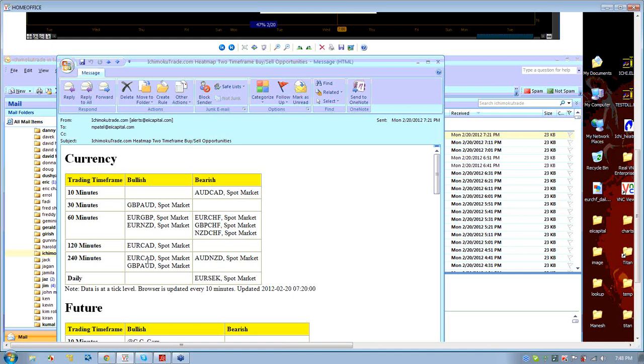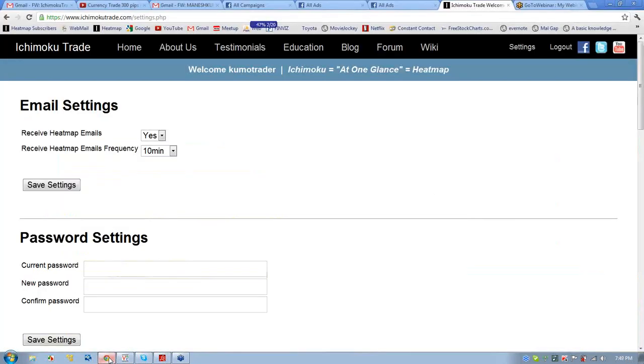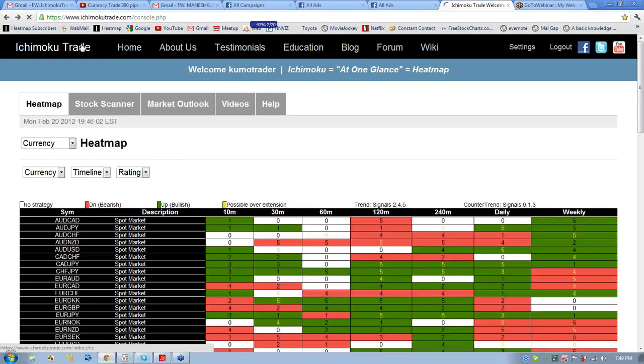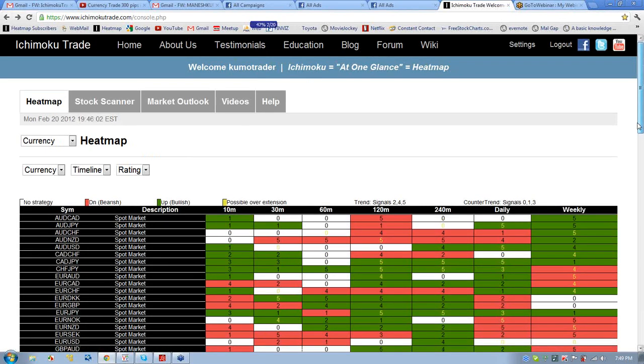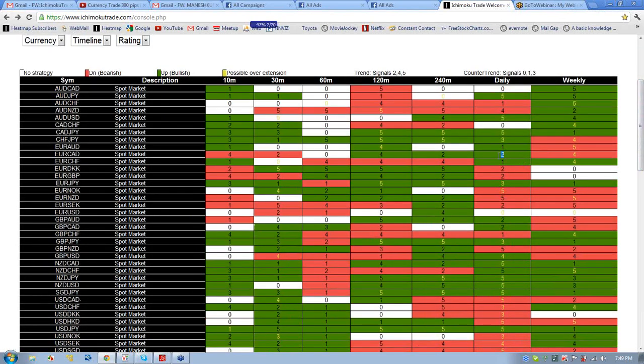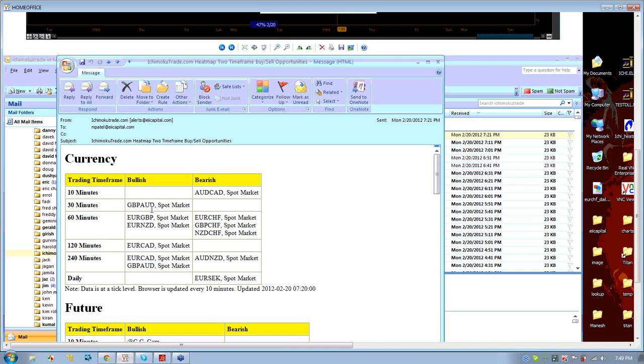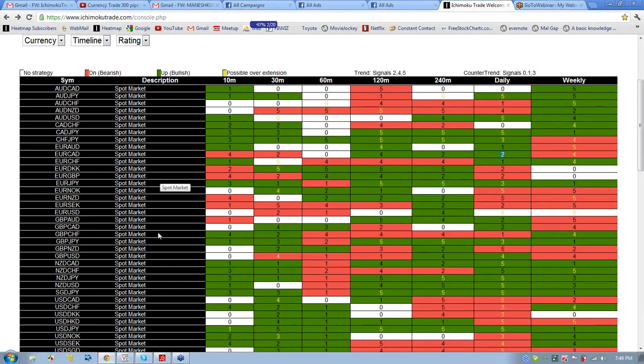Can you explain how the email time frame and the heat map flow together? Basically, on the heat map over here, all the email module is doing is looking for the 2s and 4s on the particular time frame. If you look at this email here on the pound Australian, and you go to pound Australian right here, this is a 1.